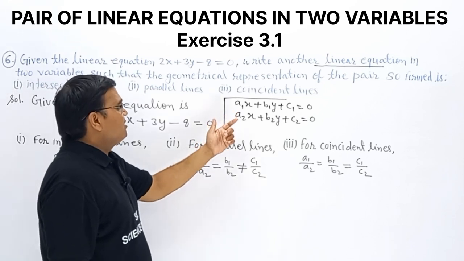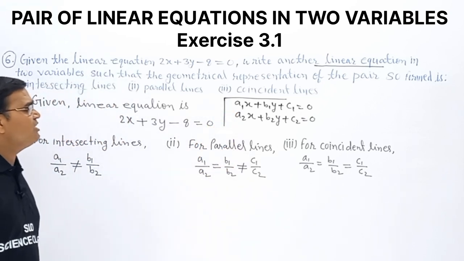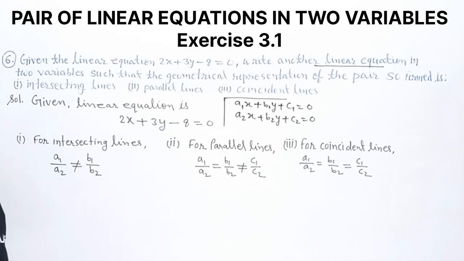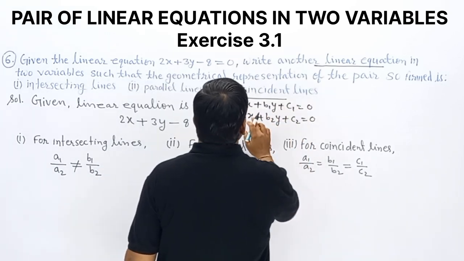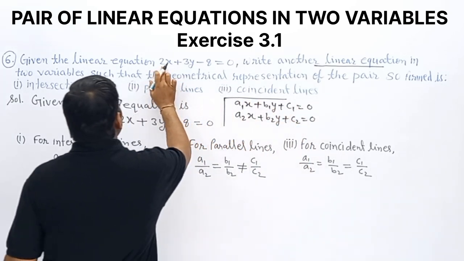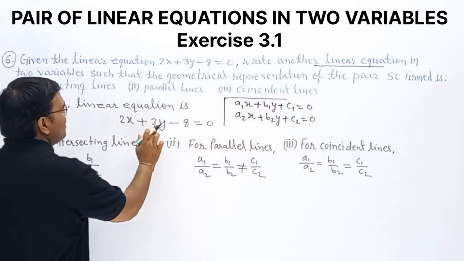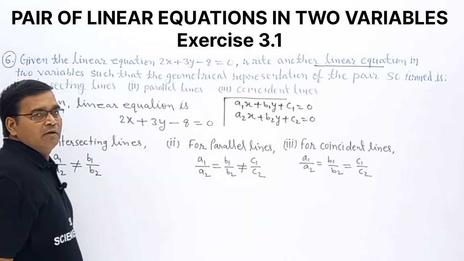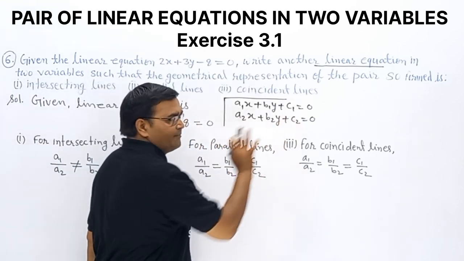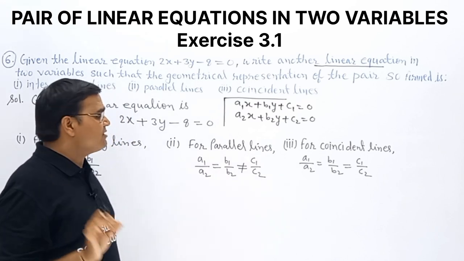Out of these, one linear equation we are having. What is this one? 2x plus 3y minus 8 equal to 0. We want another one. Clear? What is the task?